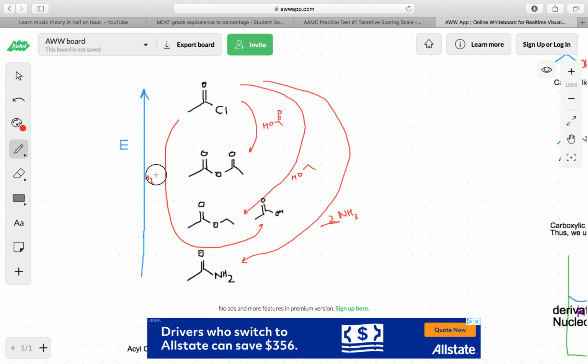But now let's say I want to form an acyl chloride from a carboxylic acid. So why can't I do something like this? If I start with the carboxylic acid, why can't I just add Cl minus and create an acyl chloride? The reason why is because there's too much energy you have to climb up.